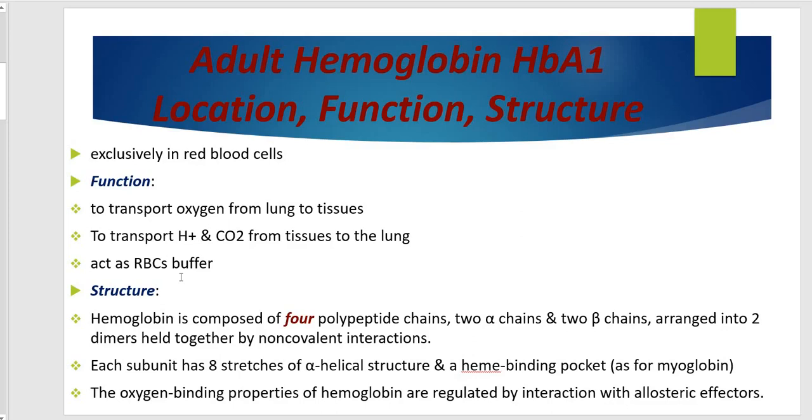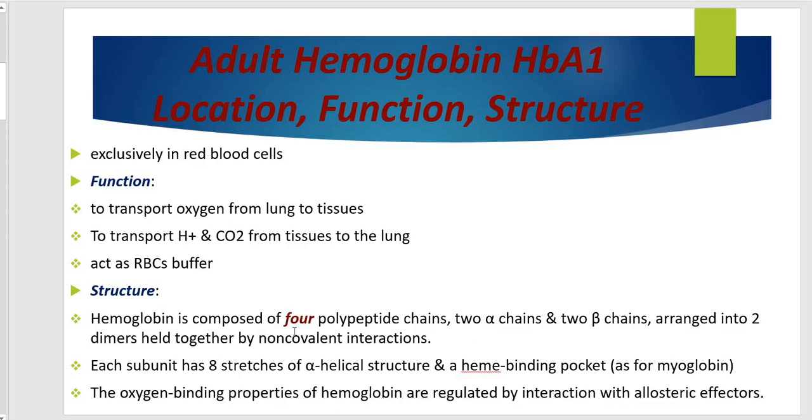Structure of hemoglobin, as we said before, hemoglobin has a non-protein part, which is the heme group, and protein part, the globin. But the difference between hemoglobin and myoglobin is that hemoglobin is composed of 4 polypeptide chains, not a single polypeptide chain.